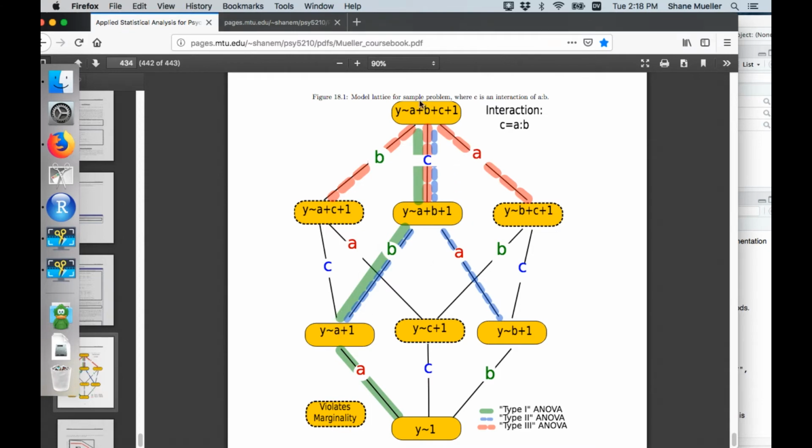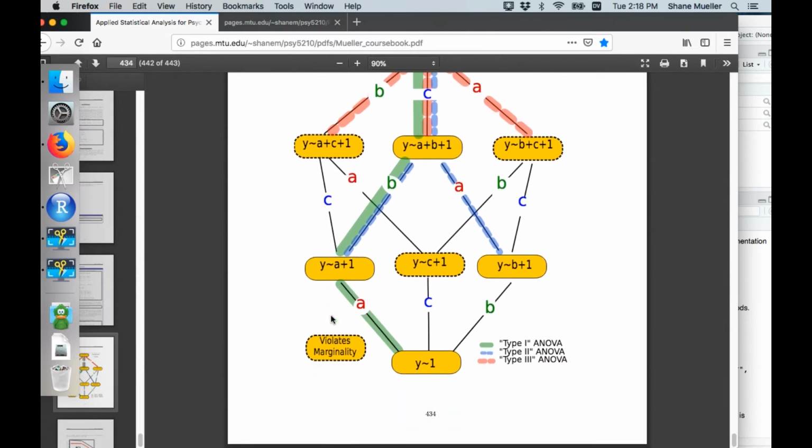And then it'll compare A, B, and C, the model with the interaction, to the main effects without the interaction. So that's usually not what you want. You don't really want to compare A to only the intercept because there's other stuff going on there.